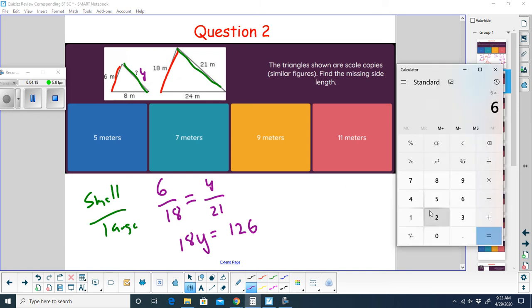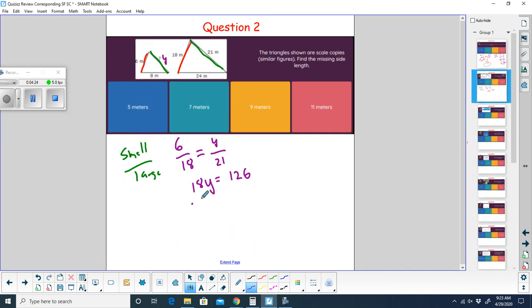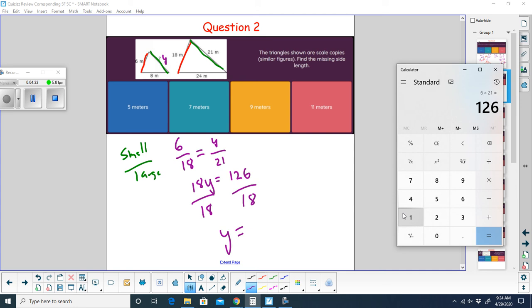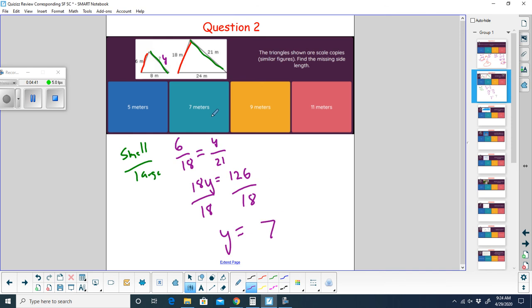Let's make sure for those who don't believe me. 6 times 21, 126. Look at that. I'm going to divide both sides by 18. And I get y is equal to 126 divided by 18 equal to 7, which means the missing side is 7 meters.